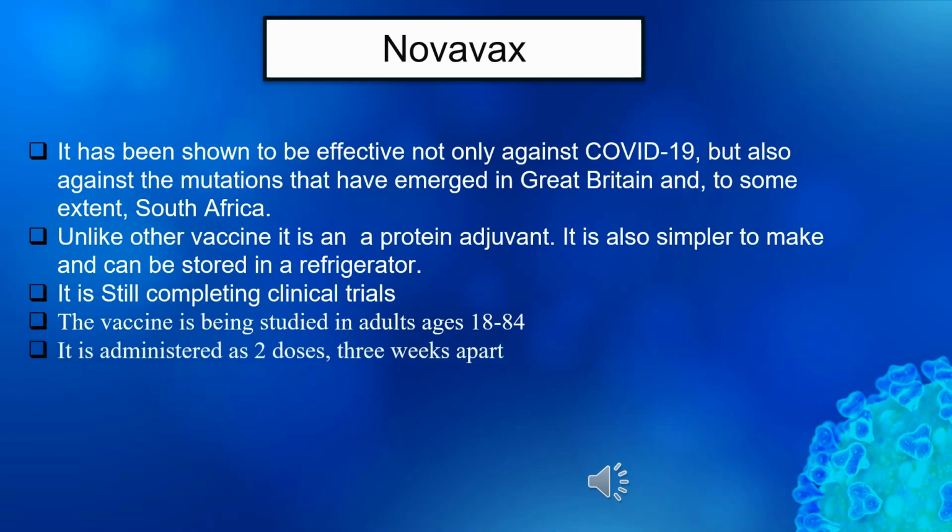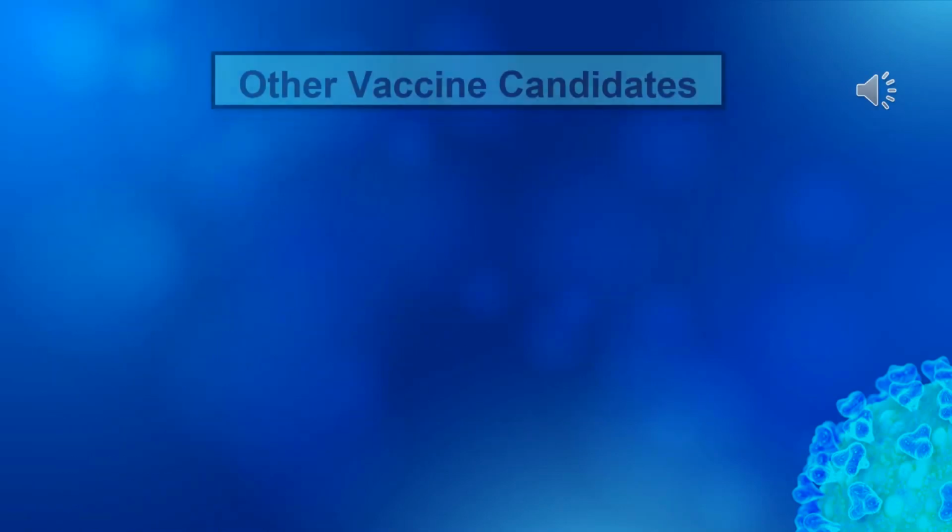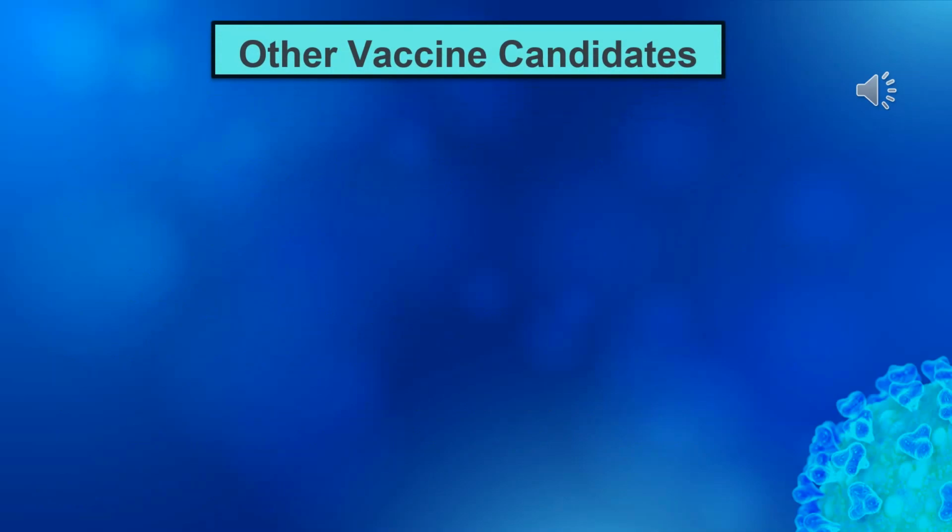It is administered as 2 doses, 3 weeks apart. Side effects are not clear yet. It contains spike protein of coronavirus in nanoparticle form that stimulates the immune system to produce antibodies and T-cell immune responses. Its efficacy is 89.3%.